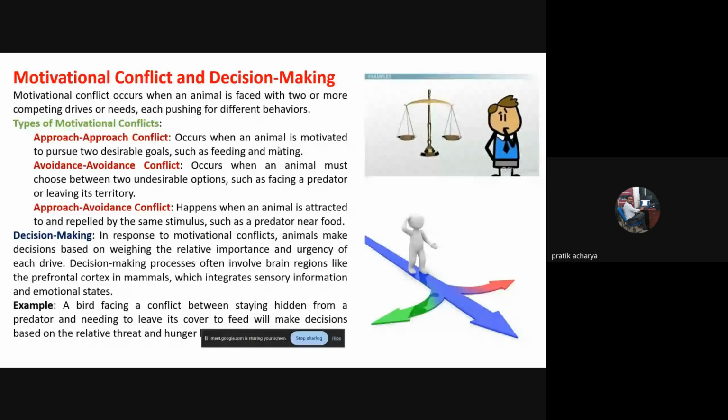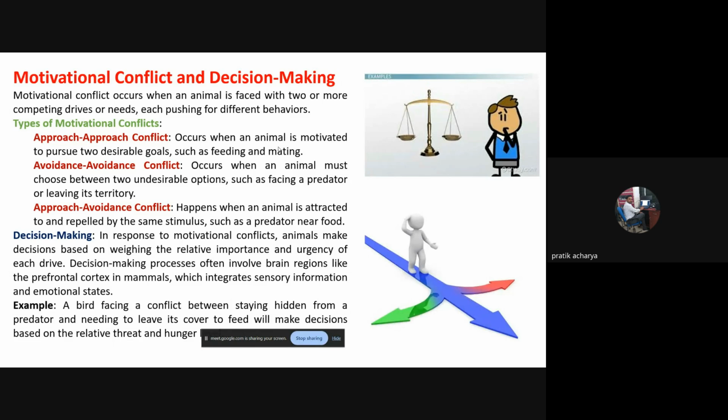So these are different motivational conflicts. For that, decision making is very important, and the organism takes a certain kind of decision that may be good or bad, but decision making at that time is very essential. In response to motivational conflict, animals make decisions based on weighing the relative importance.